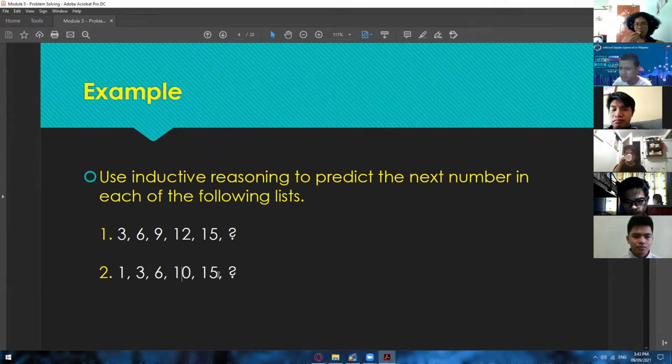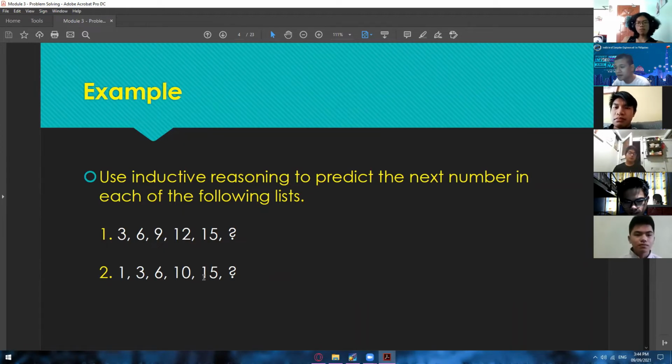At first glance, maybe you weren't able to get it, but after 10 to 15 seconds, you realize that the first difference is 2, the second is 3, the third is 4, and the last is 5, then the next one should be 6. So 15 plus 6 is equal to 21.